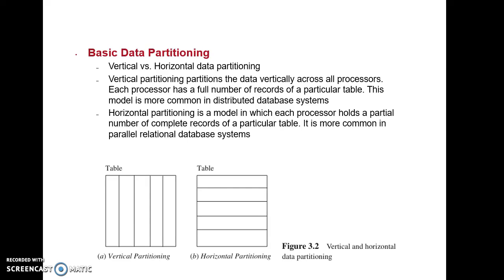As I said earlier, let's first differentiate vertical versus horizontal. In vertical partitioning, the data is divided vertically across all the processors. Each processor has a full number of records of a particular table. This model is more common in distributed databases. Horizontal partitioning is a model in which each processor holds a partial number of complete records of a particular table. It is more common in parallel relational databases.